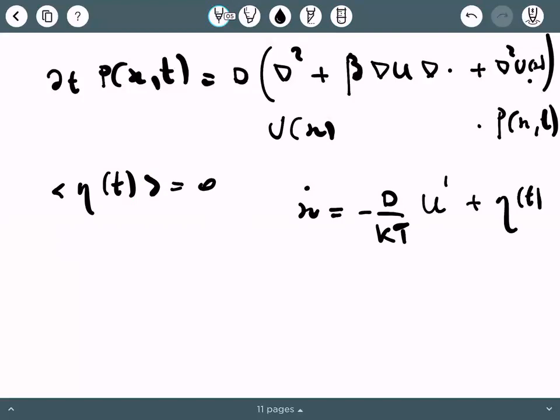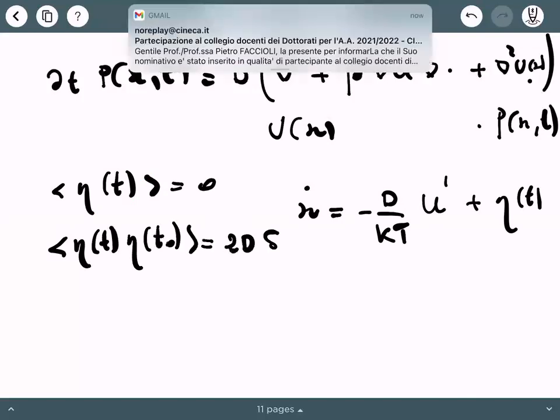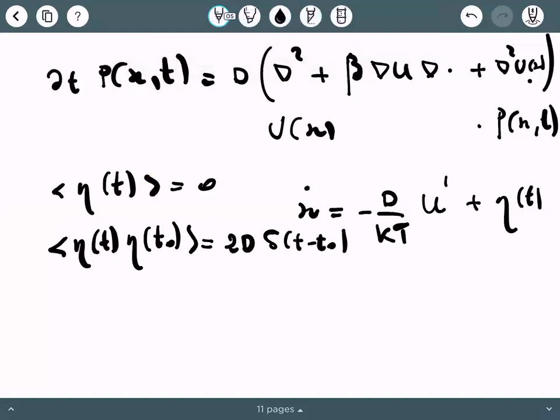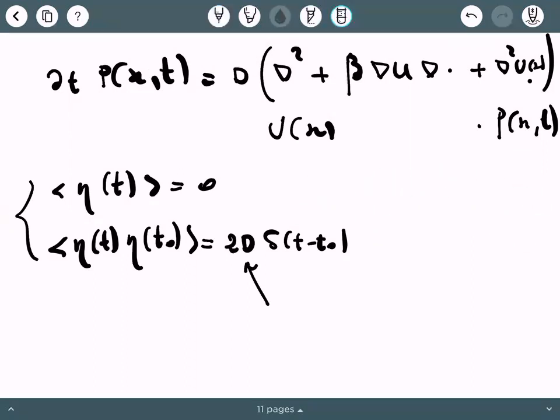So the noise has zero average. And since it's a Gaussian noise, I need only to specify its second moment. And we emphasize that this number, the variance of my noise, was actually a number that was mixing the two fundamental parameters of the Langevin equation.